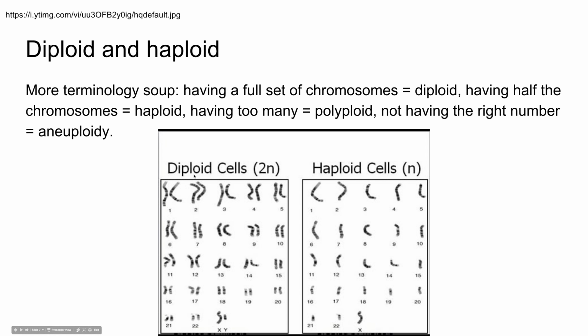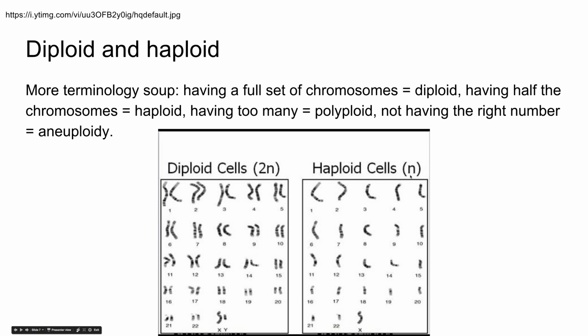And the way that we abbreviate that is we write 2N. If you have half, meaning you have one chromosome 1, one chromosome 2, one chromosome 18, one chromosome 21, whatever, you're called haploid, meaning you have half the numbers. The way that we symbolize that is we write an N. So diploid is 2N, haploid is N.